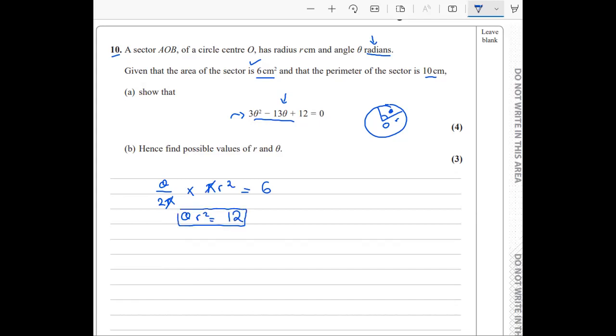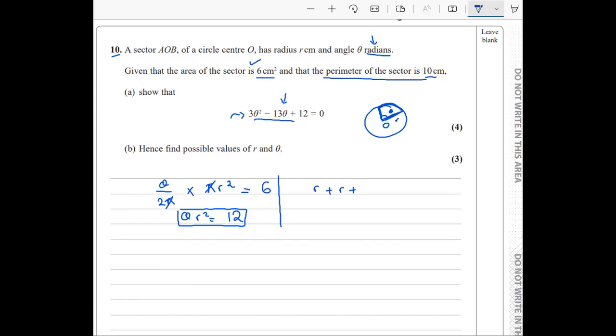Did you understand this equation? Yes, yes, I did. Okay. And that the perimeter of the sector. So what would be the perimeter? It would be the radius plus radius, this radius and this radius, and this arc length.